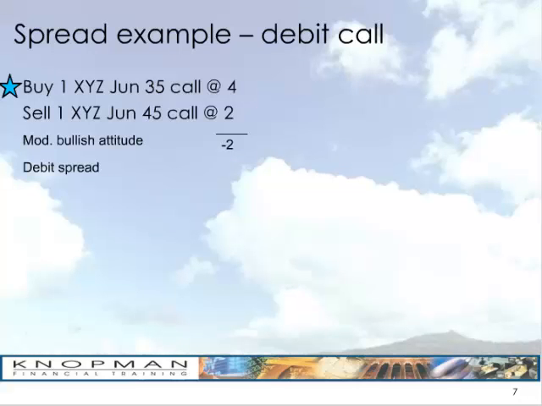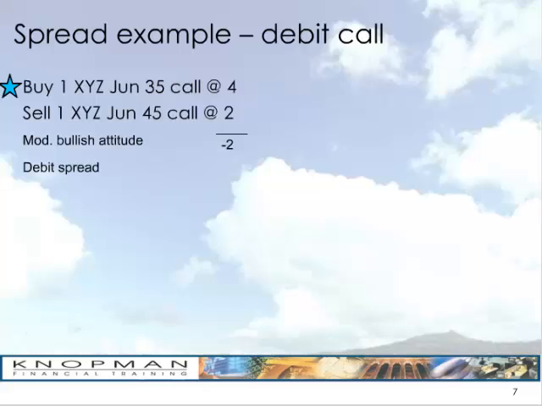Let's go through one more complex position, specifically a spread. What is a spread? A spread consists of two calls or two puts. Okay. So we're going to buy a June 35 call at 4, and we're going to sell a June 45 call at 2.